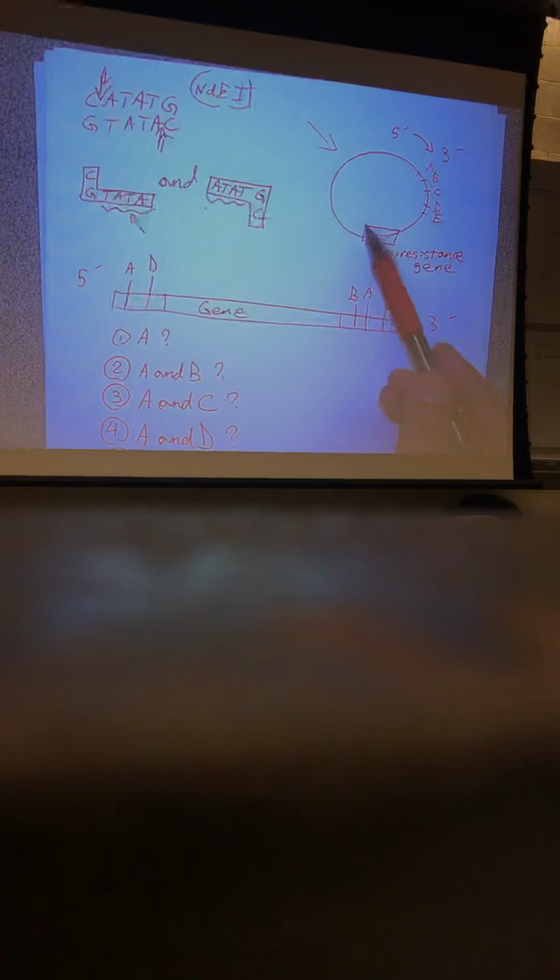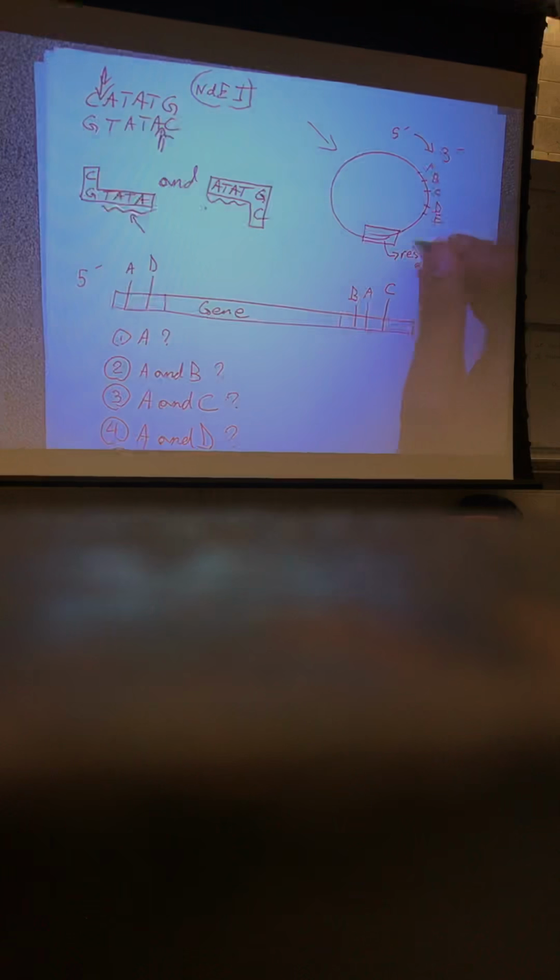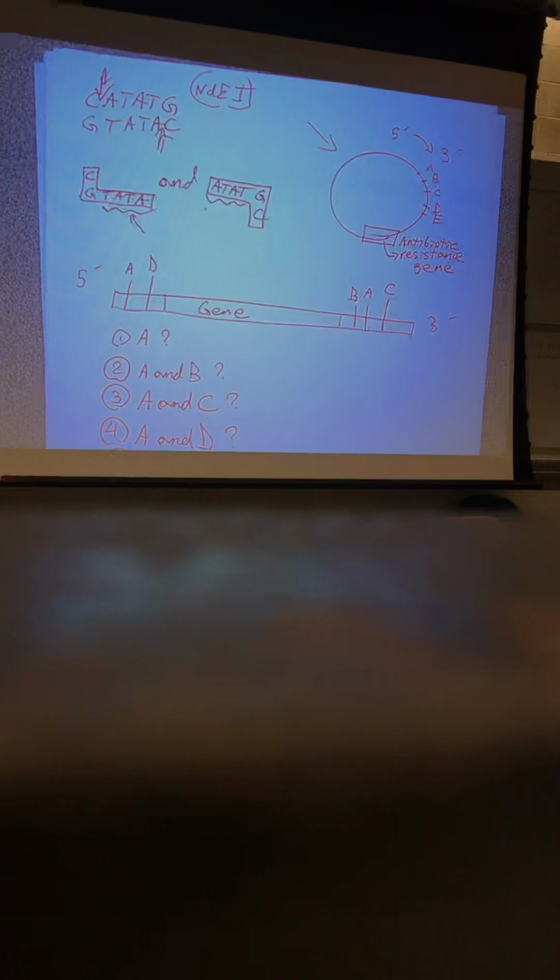This gene down here, this part of the plasmid, is called your antibiotic resistance gene. Every plasmid that you are going to use to clone a gene into must have some type of antibiotic resistance gene. The reason why is that when you incorporate a gene into a plasmid, how do you know if the bacteria even bothered to incorporate that plasmid?